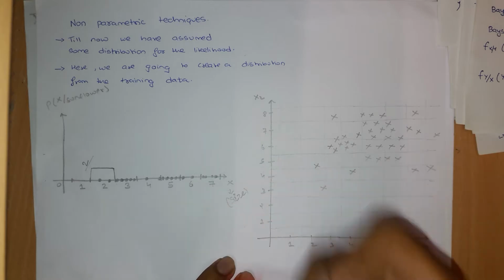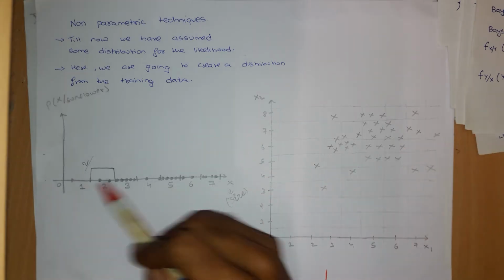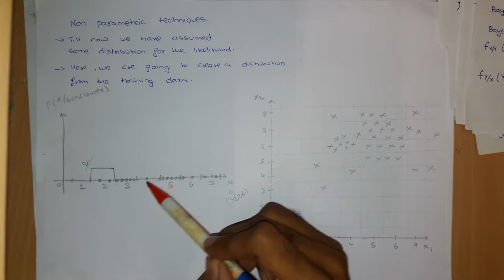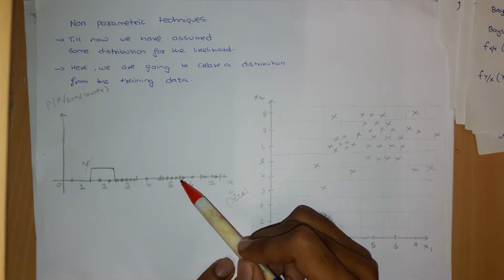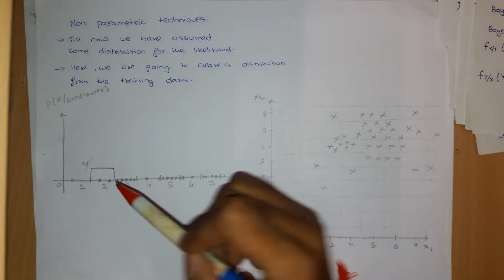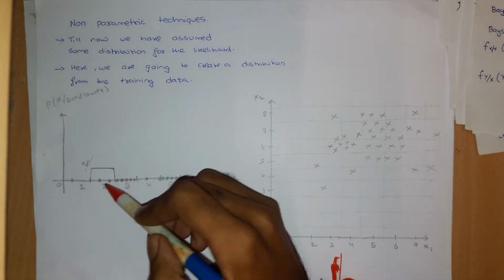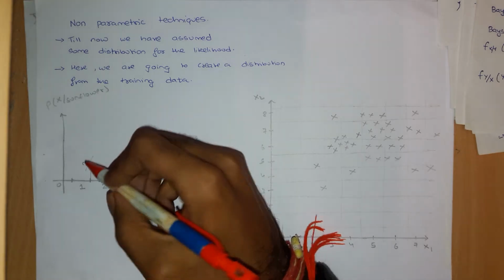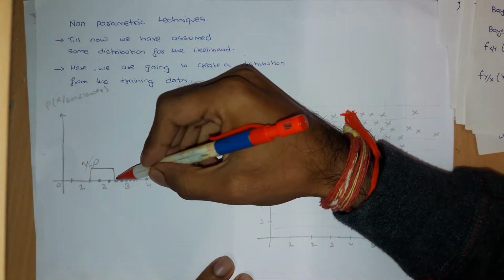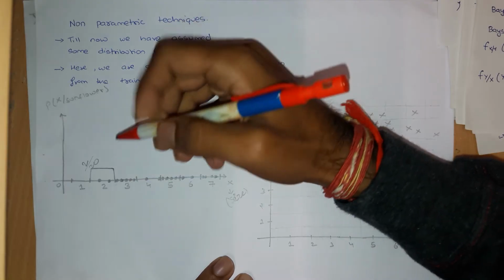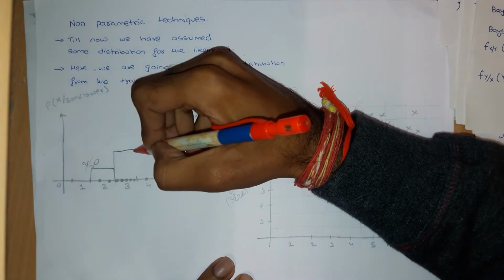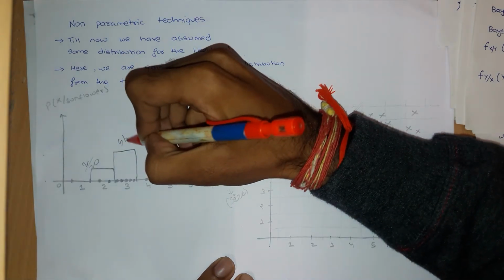That is quite intuitive. So I had these many samples: 1, 2, 3, up to 20. I have 20 samples, and out of the 20 samples, 2 of them lie over here. So the probability is 2 on 20. Similarly, there are 5 samples over here, so the probability will be 5 by 20.